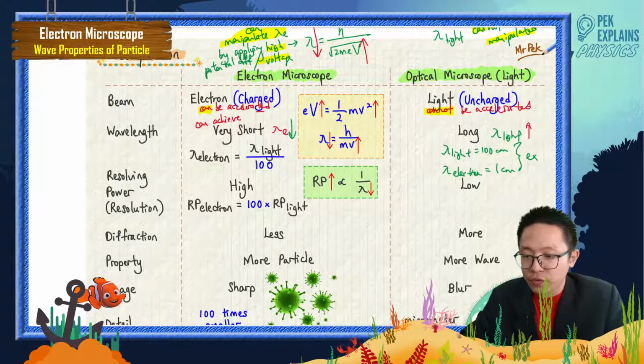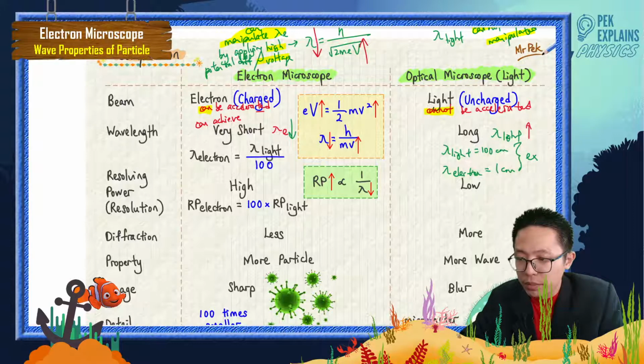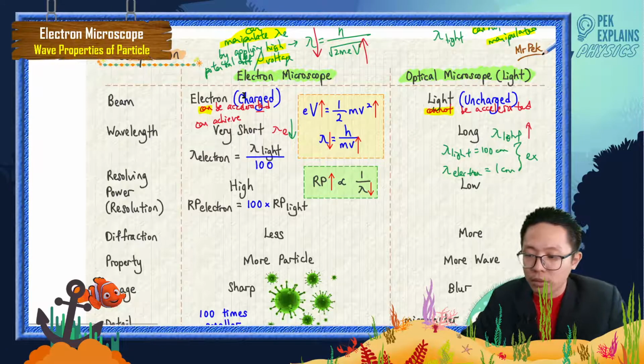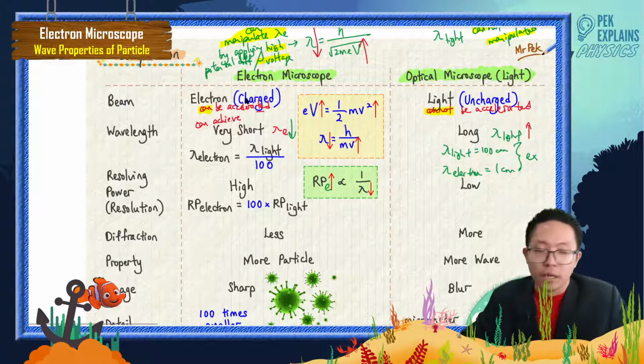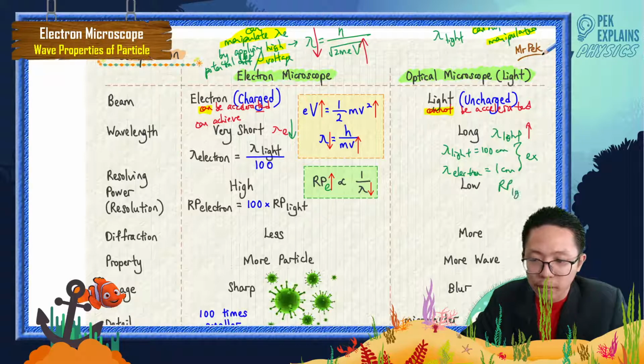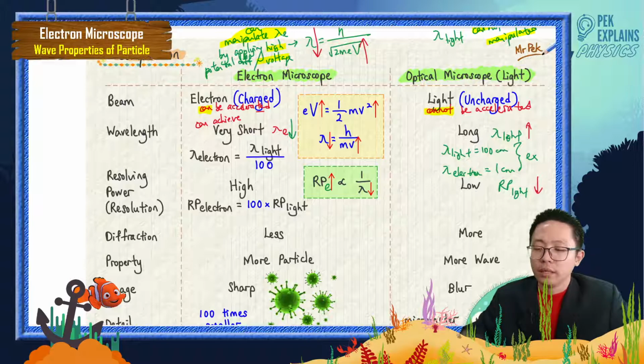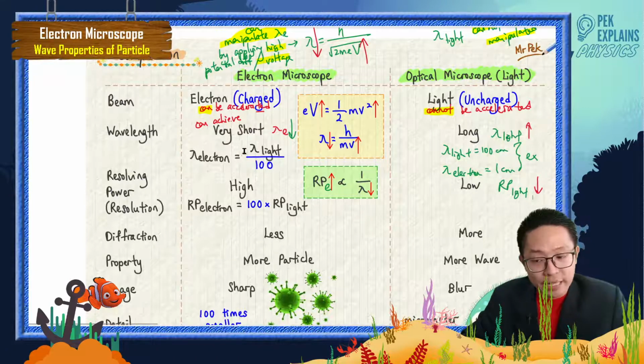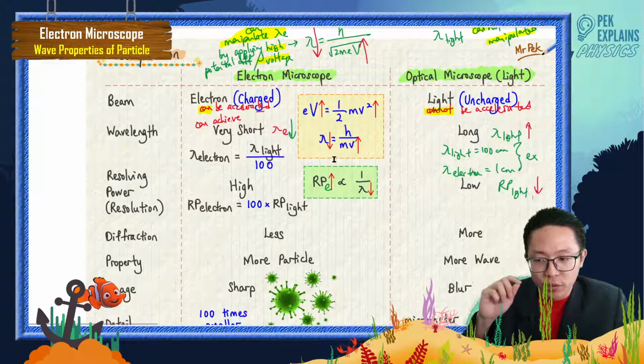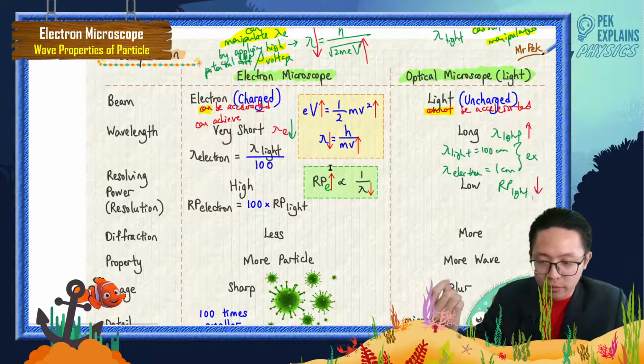So the resolving power of the electron microscope is very high, but that of the light microscope is very low, because the electron has a very small wavelength, and a very small wavelength means very high resolving power.